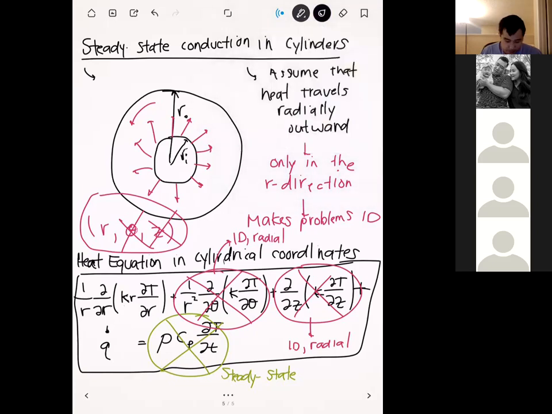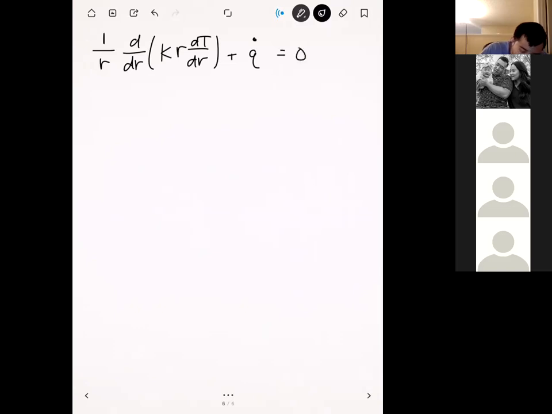Okay. And so if we cancel out all those terms, our simplified heat equation looks like this. We start with 1 over r, and we have d dr of k times r dT dr, okay, plus q dot is equal to 0.